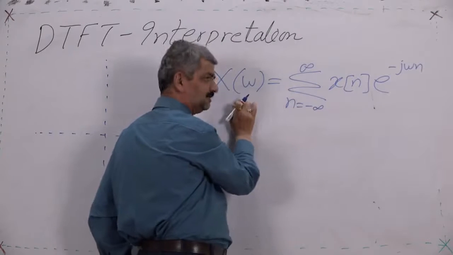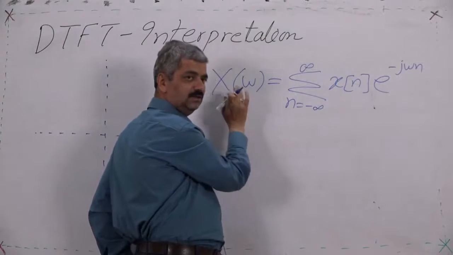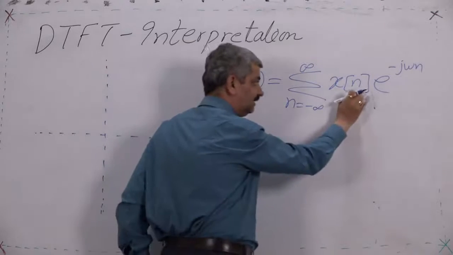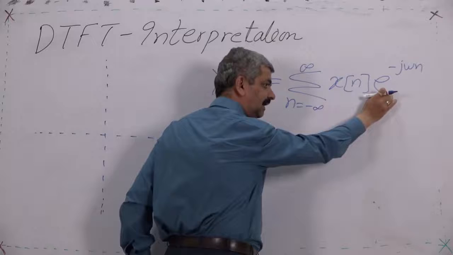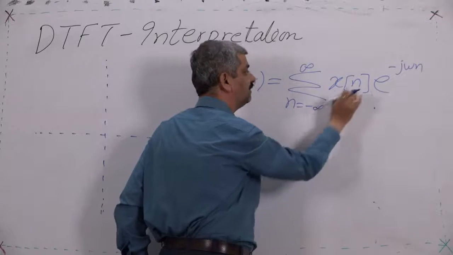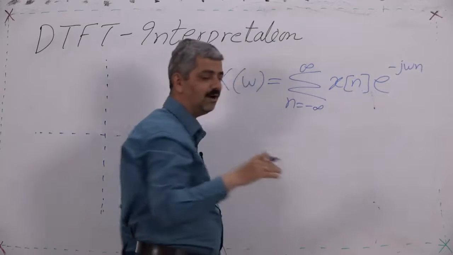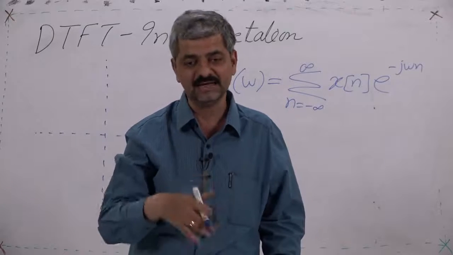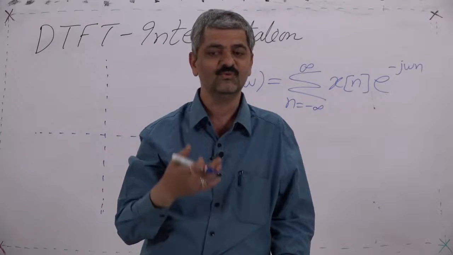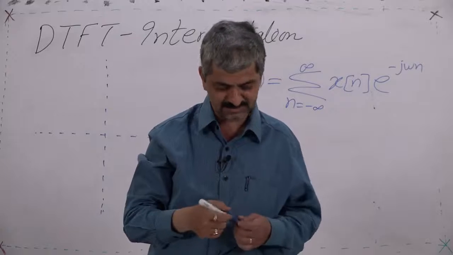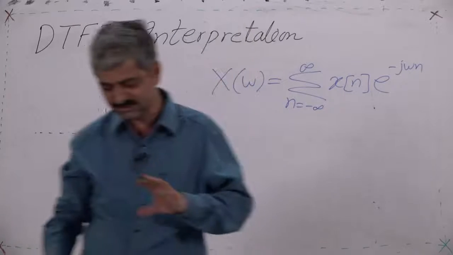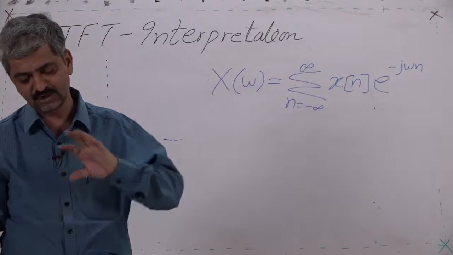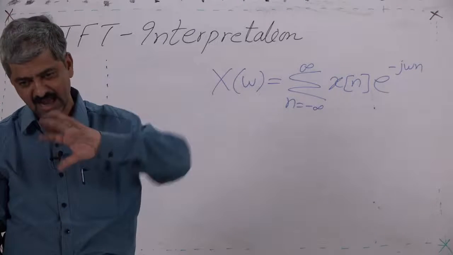A continuous function of omega termed X(omega) is a weighted sum of the given sequence. So the weights here are rotating weights. It is very interesting. In the DTFT, we are not multiplying, we are not enhancing the things.